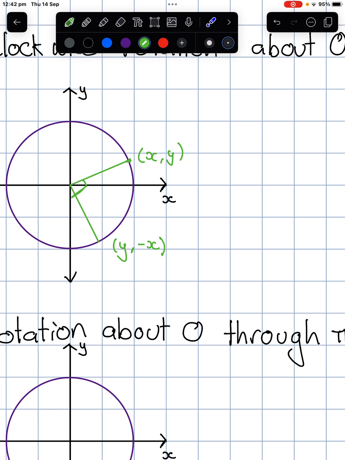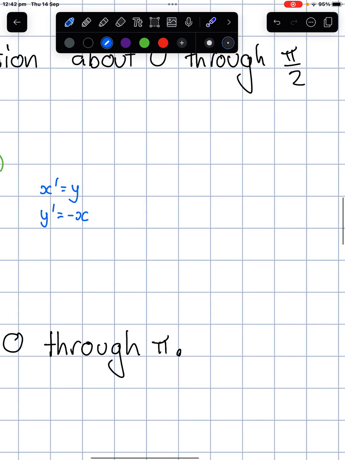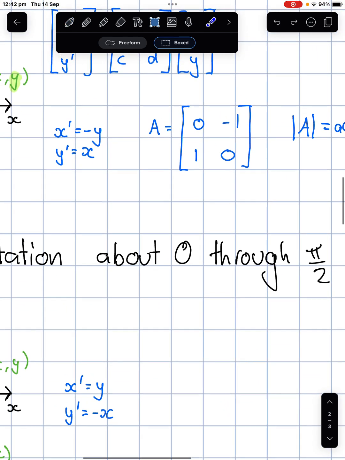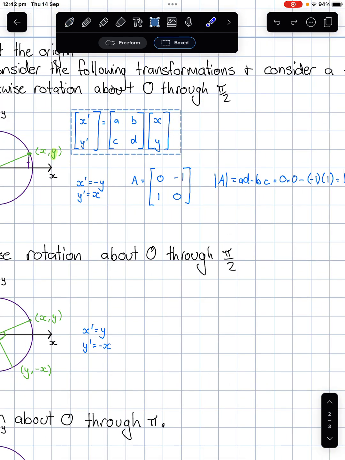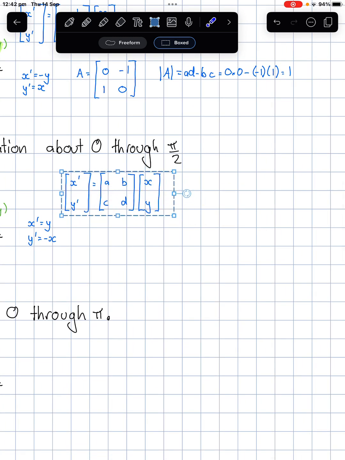This is interesting because our transformation shows that x dash is going to equal y and y dash is going to equal negative x. If we think about our transformation matrix, maybe we'll bring this down so we can talk about it at the same time. I'll paste that there.